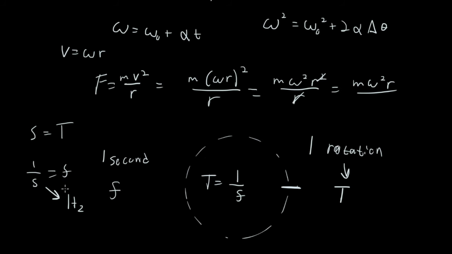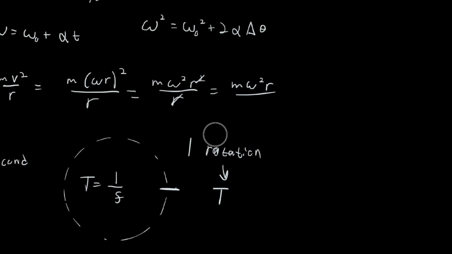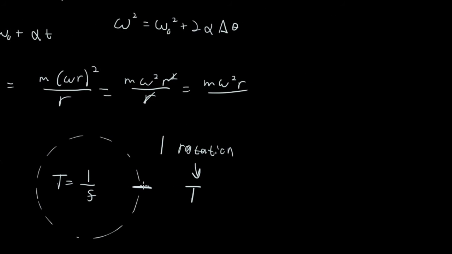So then, what is the relationship between all of these and these angular kinematics? Well, if we think of it this way, how many radians are in one full circle? 2 pi, right? So 2 pi radians. And then what are the units for omega? It's going to be radians per second. Well, to get rid of the radians, I can just divide by 2 pi, right?